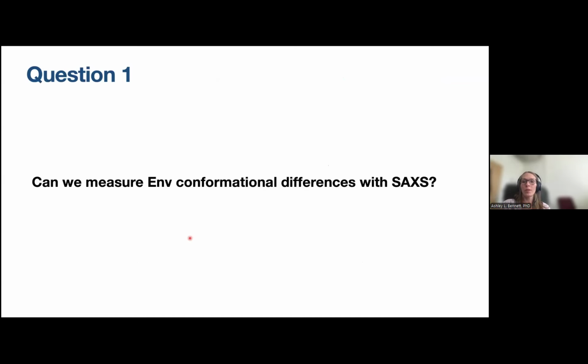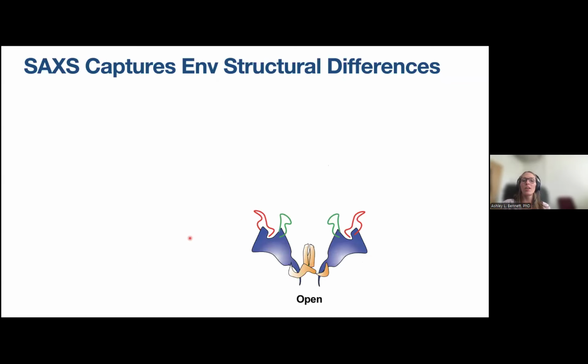For these experiments, this is just static SAXS. We need a way to correlate what we see in our SAXS profiles to some other structural element of the protein, and we chose to use antibody binding. 17b and 19b are antibodies that specifically bind to the open state of the envelope and do not bind the closed state. So the binding of these two antibodies can be used as a proxy for the degree of openness an envelope is exhibiting.